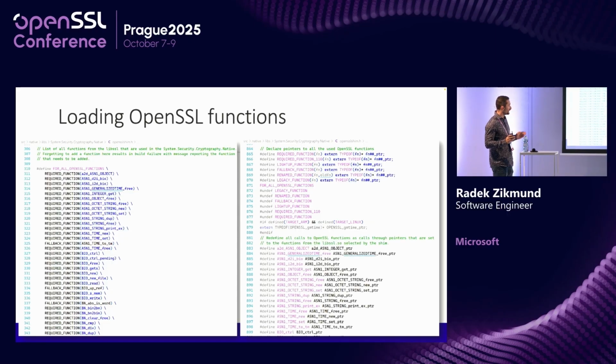And to make it convenient and hide all this complexity from the average developer who is going to contribute to .NET, we define a separate macro for each of these functions to basically remove the underscore PTR suffix. So once all this is done, the internal code which is using OpenSSL looks just like ordinary code which is using OpenSSL, and all this complexity is basically hidden from the average developer.